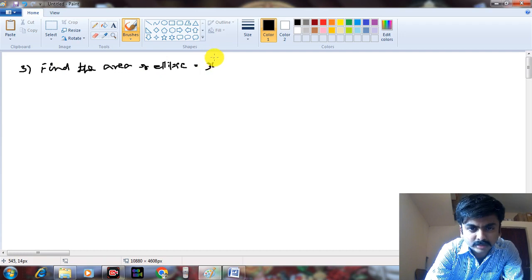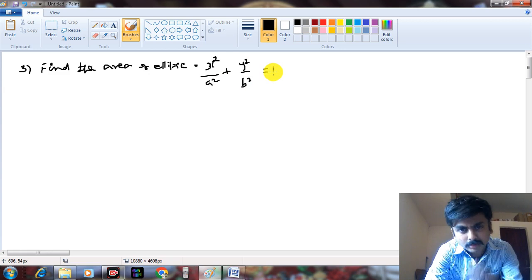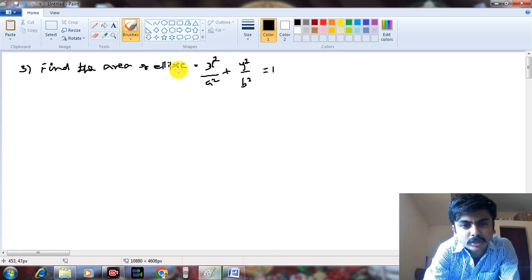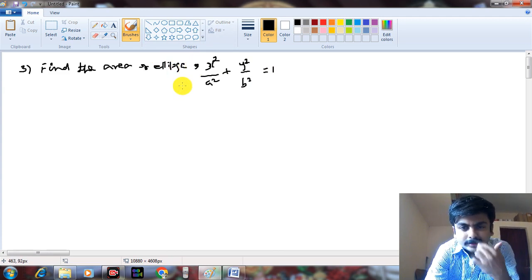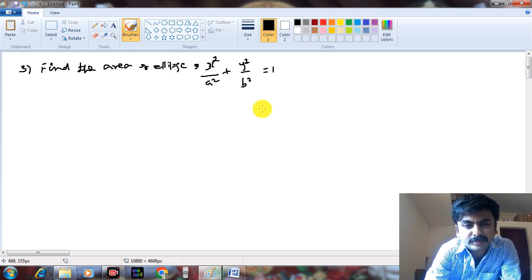So here the equation of ellipse is given by x square by a square plus y square divided by b square equal to 1. Okay, so we want to evaluate the area of ellipse x square by a square plus y square by b square equal to 1. So how to find the area of this ellipse?